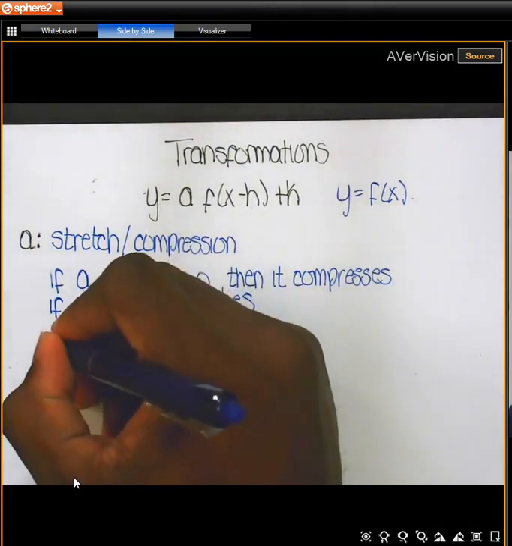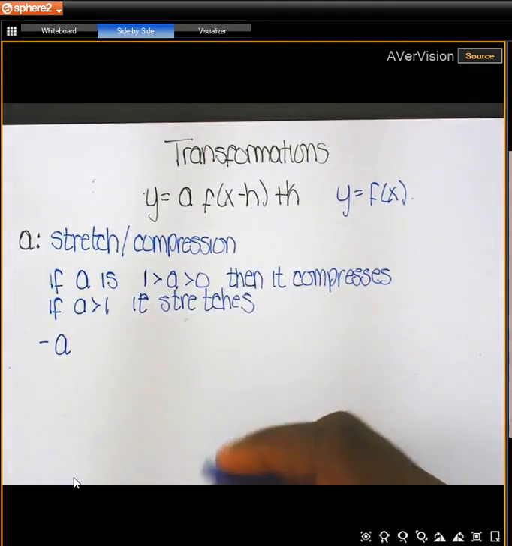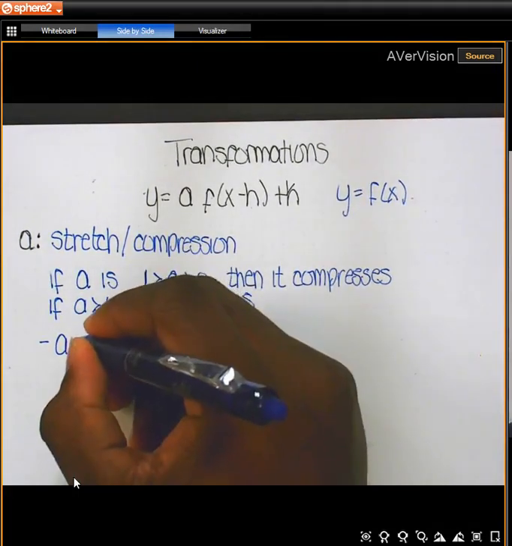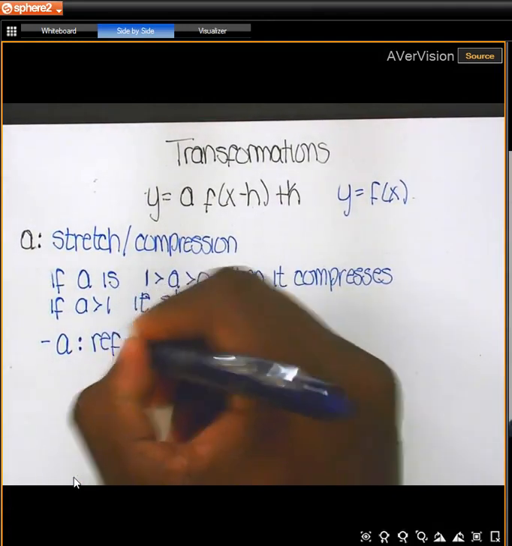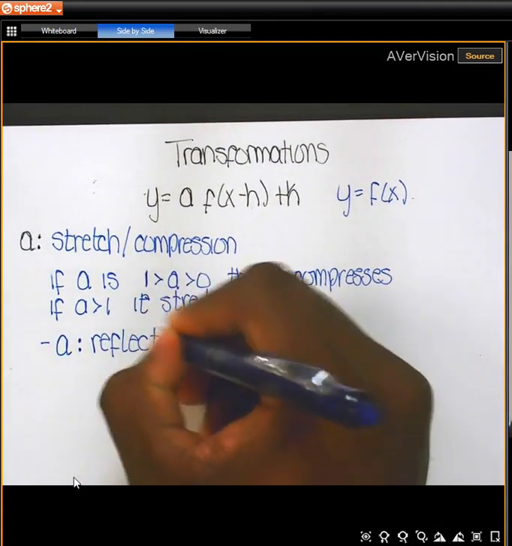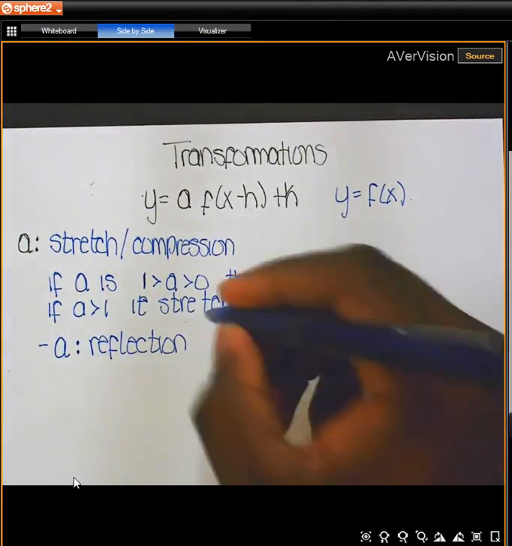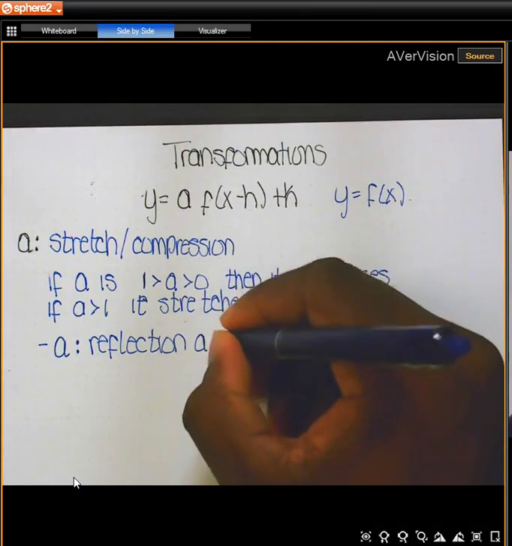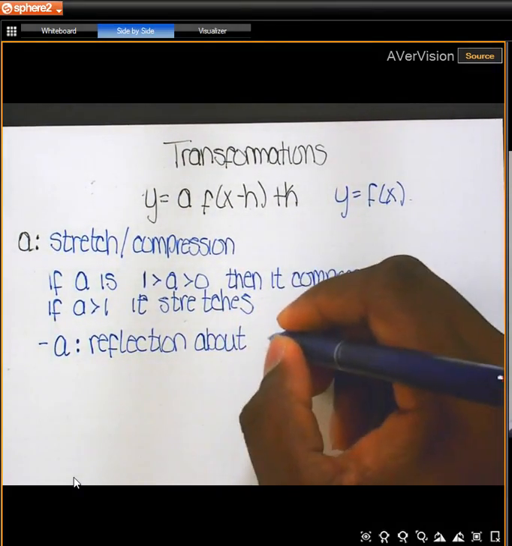All right, what if we have a negative in front of A? Reflection across what? Which axis does it flip across?